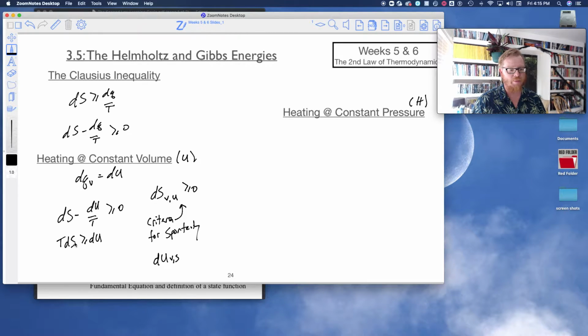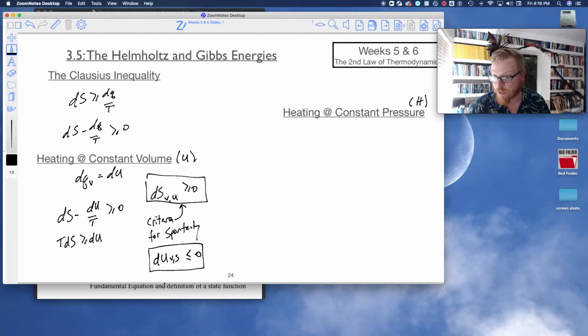Okay, well, that would mean that this chunk becomes 0, and 0 must be greater than or equal to dU, or in other words, dU at constant volume and entropy must be less than 0. Okay, and also, hopefully what you gather from this is that U's natural variables become V and S from that thermo square.